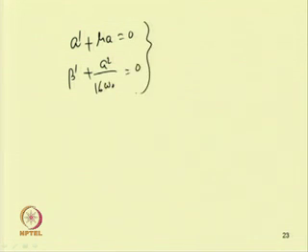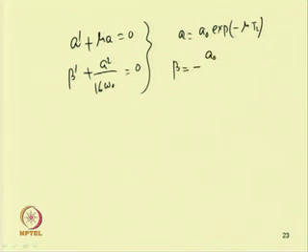So, from this one can write a equal to a 0 e to the power minus mu t 2, and beta equal to minus a 0 square by 32 omega 0 mu e to the power minus 2 mu t 2 plus beta 0.